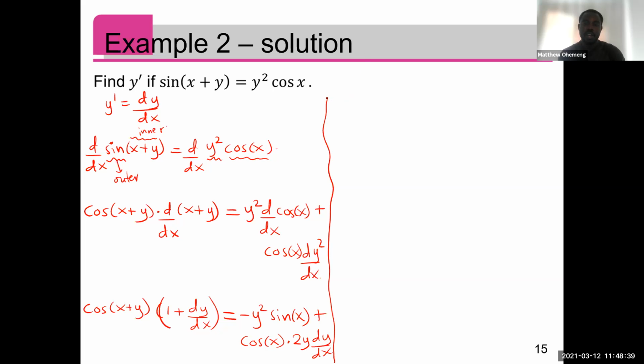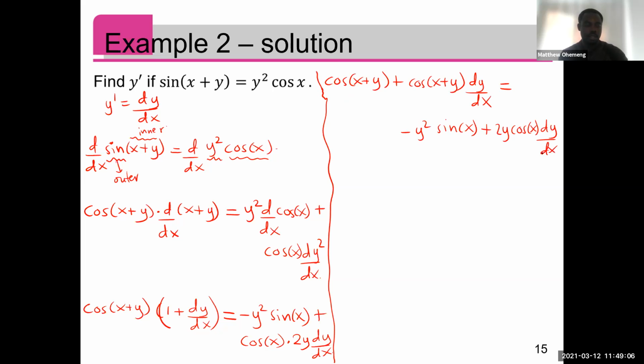So in the long run, I have cosine of (x plus y), and then plus cosine of (x plus y) dy over dx, since I'm distributing the cosine of (x plus y), equal to negative y squared sine of x plus 2y cosine of x dy over dx.